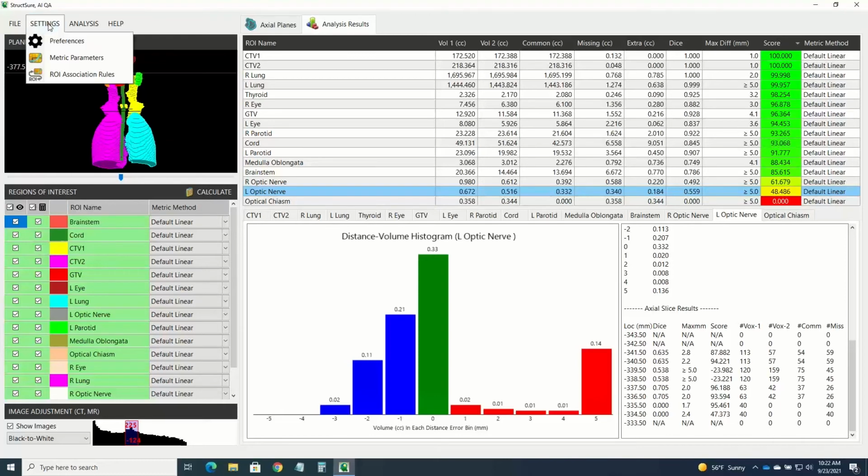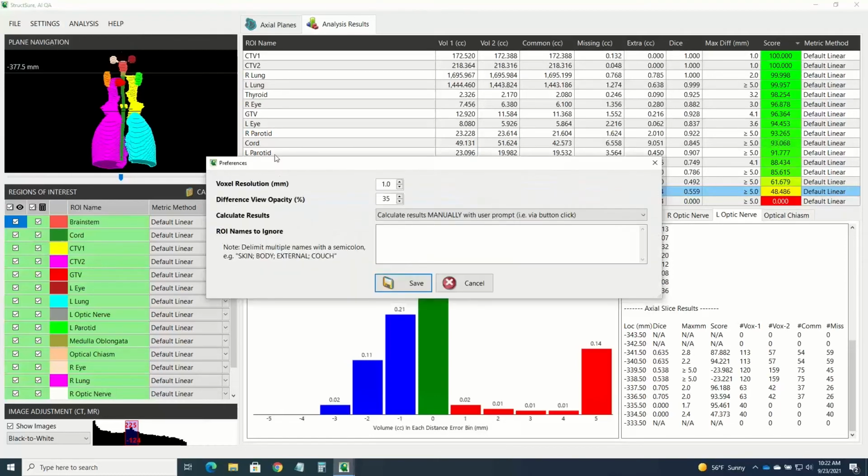Going back maybe a little bit here into preferences, we can see, for example, I can tune, if you will, my voxel resolution in terms of millimeters, like how tight do I want to score this, or how tight do I want to have it, if it's off by like 1 millimeter, do I then say, hey, I'll score it that way.